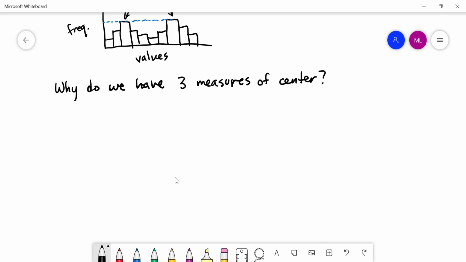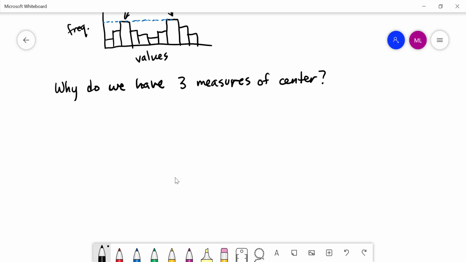Well, each kind of suits a specific purpose. The mean is going to be the most common. It's the one that you will have dealt with the most. For example, in a class, when you take an exam, it's typically one of the things your instructor will tell you when they hand back exams. The class average was, whatever, a 74. They'll give you that mean.